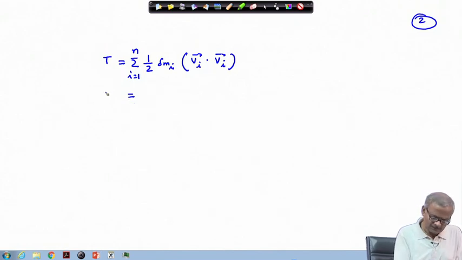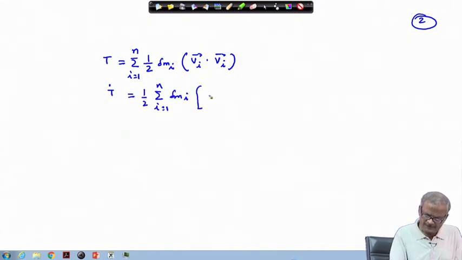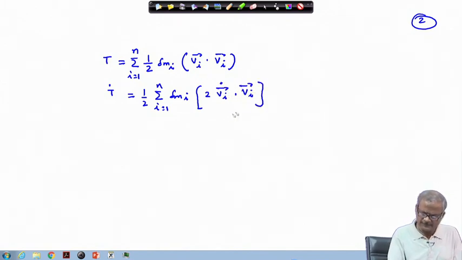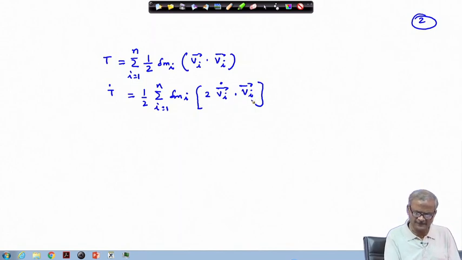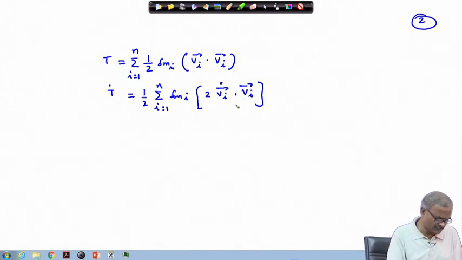So, what we can check from this place is that T dot equals 1 by 2, we can take delta m_i outside, and this will be 2 times V_i dot V_i, or whichever way you want to write it, it does not matter because it is a dot product.